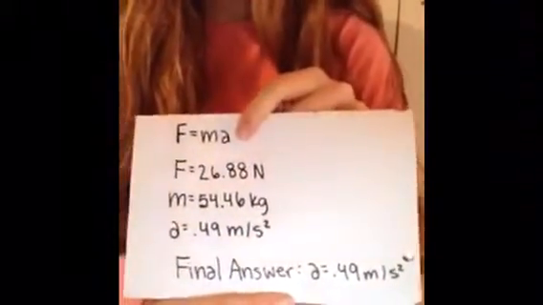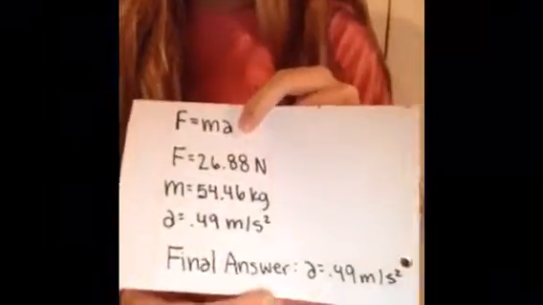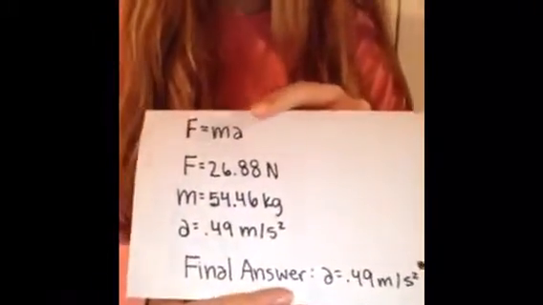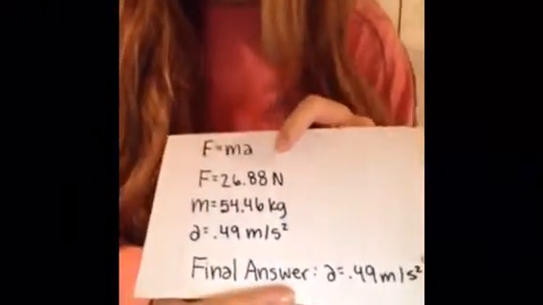Using the F equals ma equation, we found that the acceleration of the elevator going up with Daniela on the scale equaled 0.49 meters per second squared. Therefore, our final answer is acceleration equals 0.49 meters per second squared, which is the acceleration of the elevator while Daniela was on the scale going up.